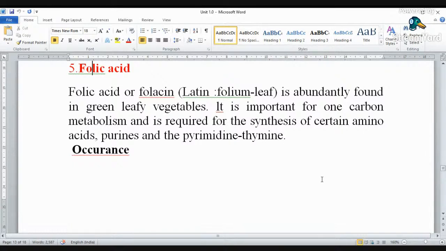It is important for one carbon metabolism and is required for the synthesis of certain amino acids, purines and pyrimidines.